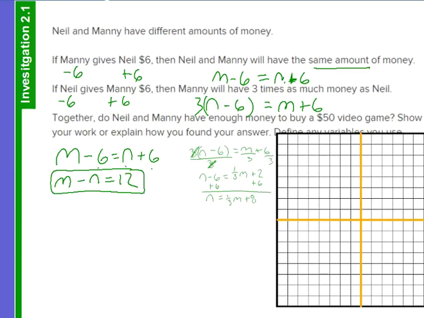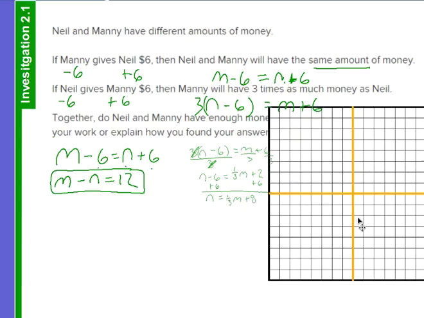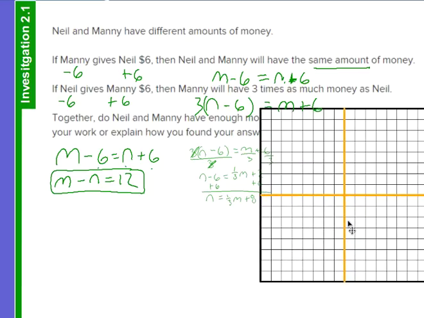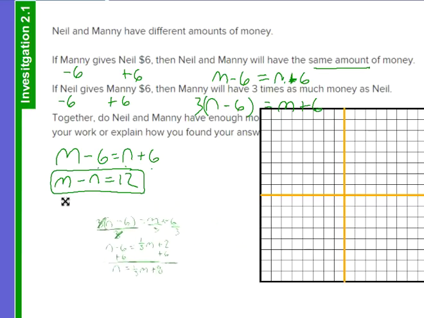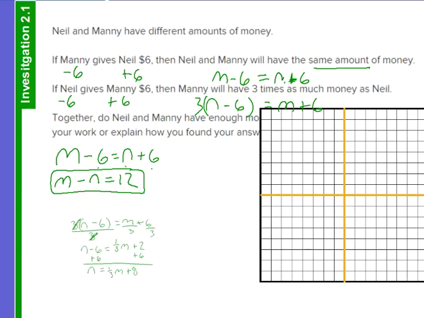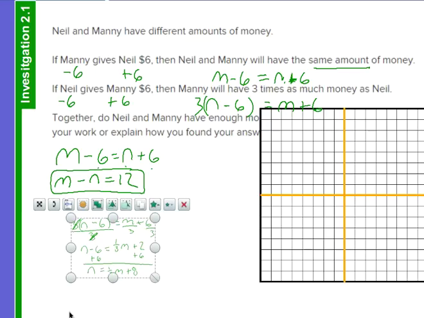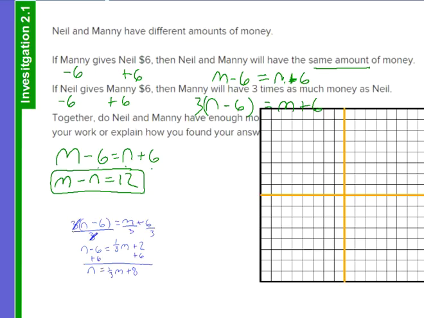I'm going to scoot this graph up a little bit more. I'm going to show graphing using 2 different means for each of the 2 equations. I'm going to turn this blue, so we have a blue and a green. So let's start with the blue.